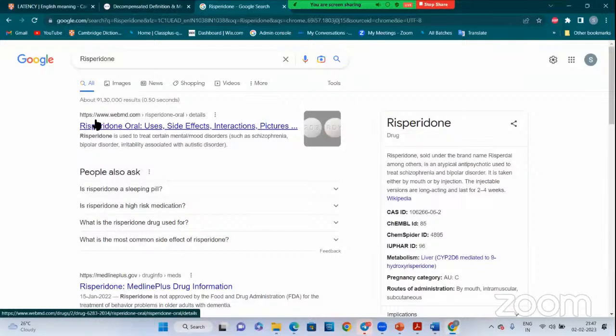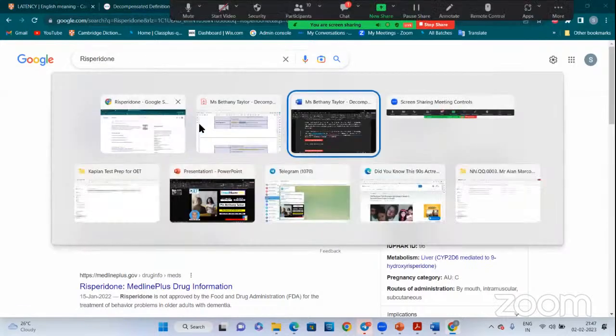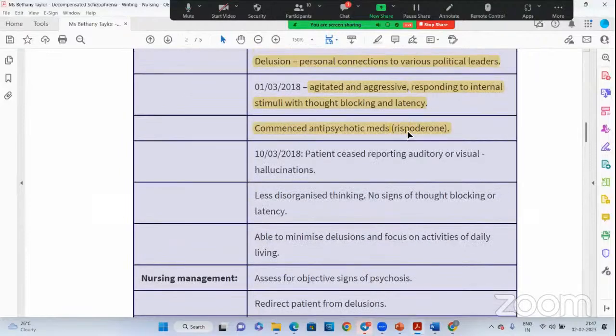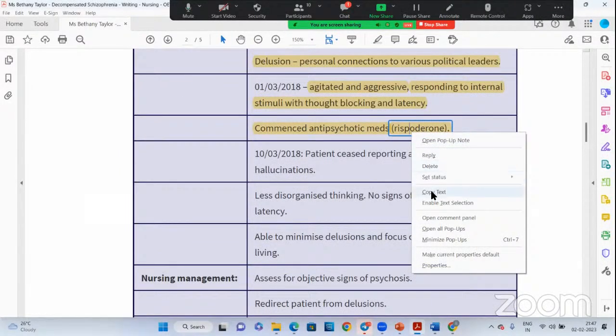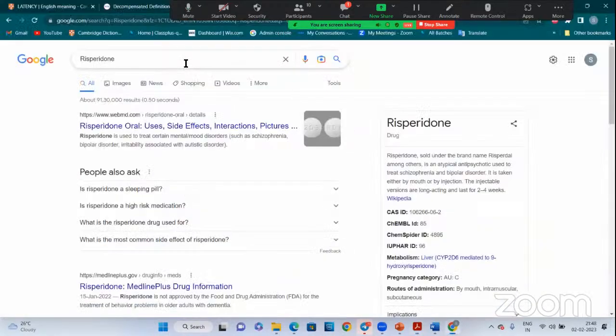Risperidone. This is the name. So the spelling is a mistake. This spelling is correct. But what about this spelling? Only one type of spelling may be right, not both. So copy the text and we'll check here now.